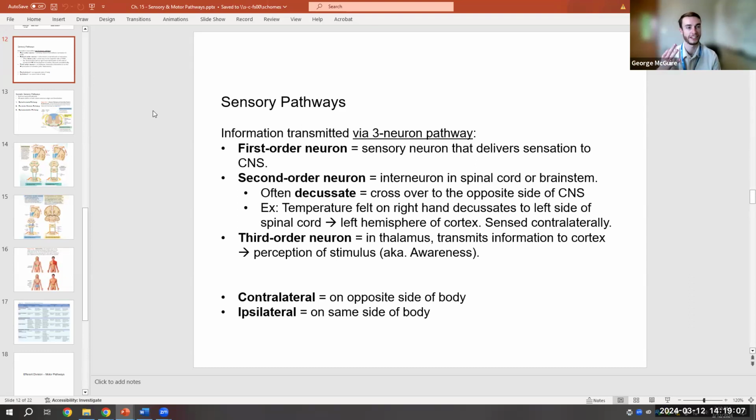And I think this is the first time where the length of neurons is going to come into play as far as actually being able to conceptualize how long these cells are. Because there are only 3 neurons involved in sensing something and getting that information to the brain. And then for one of our pathways, there's only 2 neurons involved from sensing that thing and getting that info to the brain. So these neurons are really, really long cells.